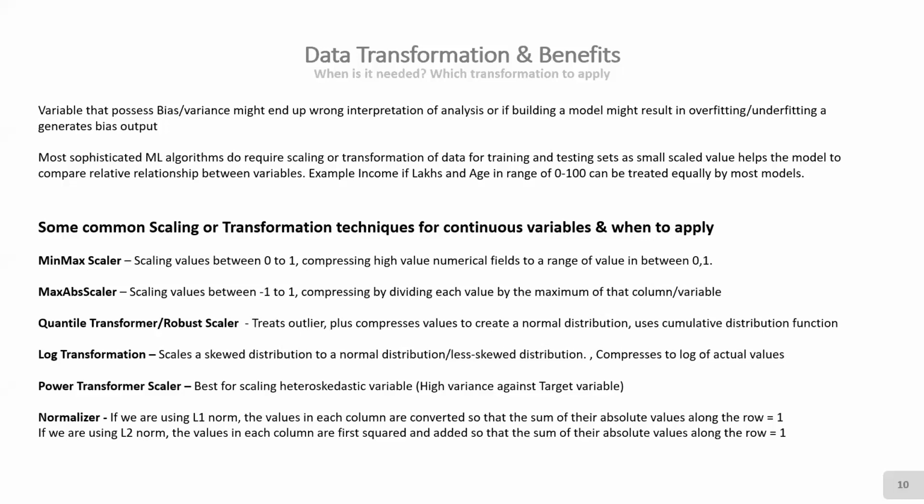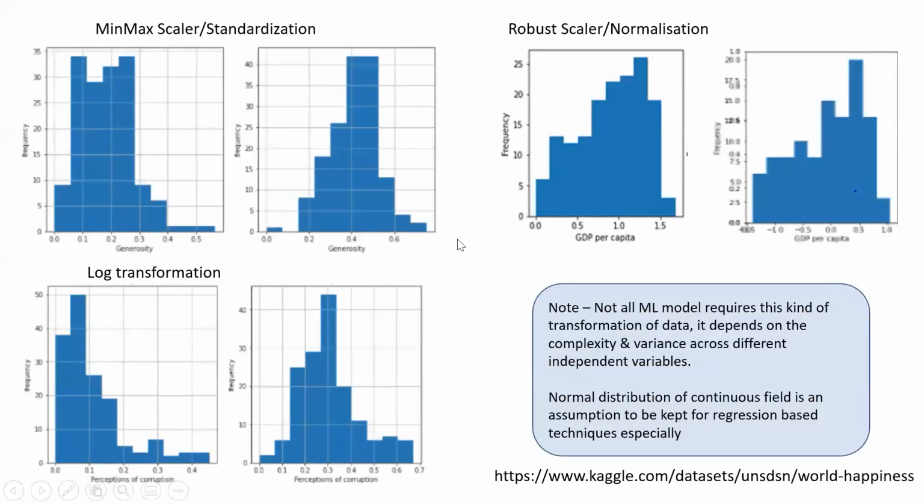Log transformation or exponential transformation is applied whenever you see a lot of skewness in the data and cannot treat it with the basic techniques we discussed previously. A normalizer changes your mean to zero, and the sum of the absolute values of your range corresponds to 1. So these are some transformations, and I've given some examples here of how they look in a data set.